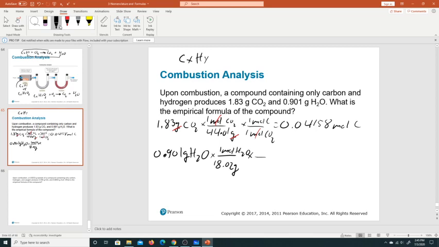Now we have to find the number of moles of H. So this is where it's important to know what formula we're talking about. For every 1 mole of H2O, we have 2 moles of H. So grams of water go away, moles of water go away.